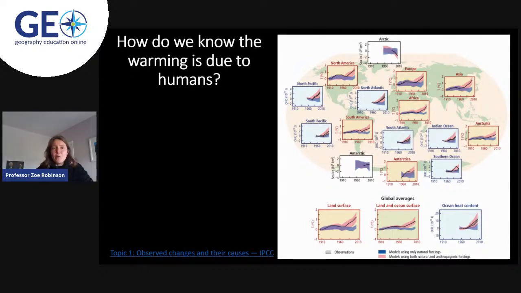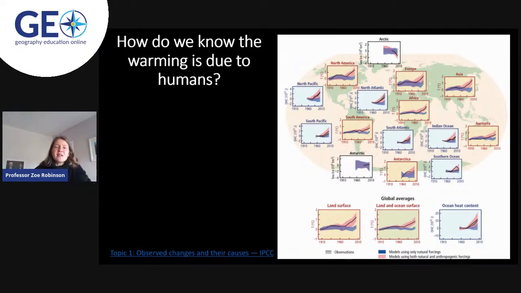Now, depending on how big your screen is will depend on how much of these graphs you can see. The critical thing to get across is that in all of the graphs, there is a black line, and the black line is showing observations. So if it's a graph about temperature, which most of them are, the black line is showing observed, measured temperature.